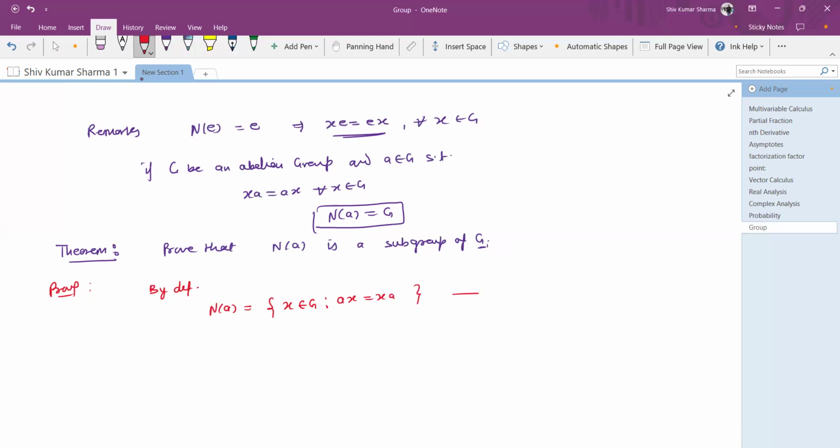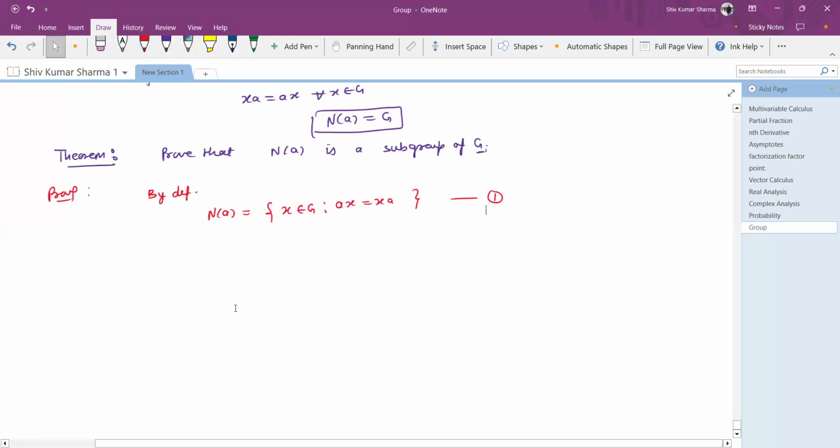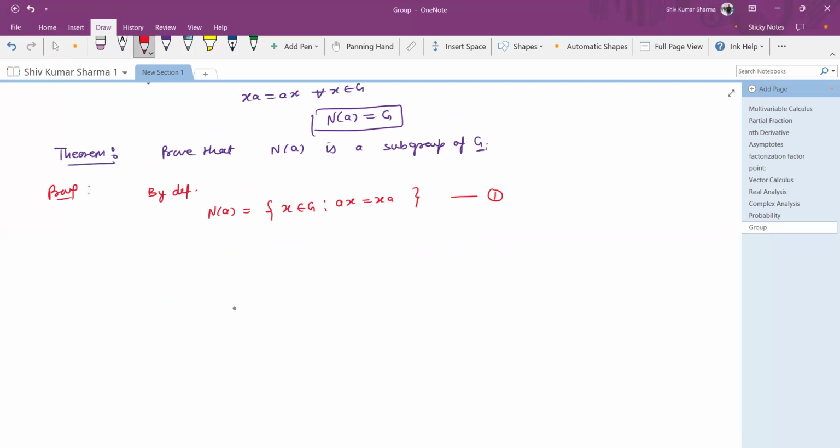We take this as equation number 1. When we are going to prove subgroup of G, we shall first prove that it has at least a single element, that means we shall prove that the normalizer of A is not equal to empty set phi.